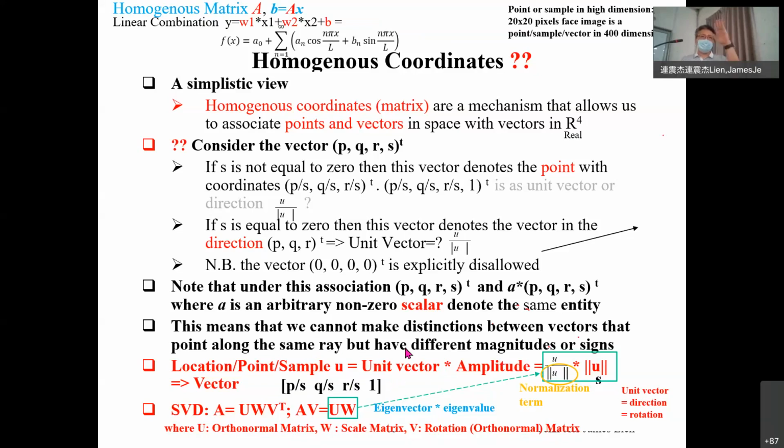Unit vector is a direction, 方向。Amplitude means how many times of a unit vector. Suppose amplitude equals 3, it means you have 3 unit vectors. If amplitude equals 3.5, it means you have 3.5 times of unit vector.